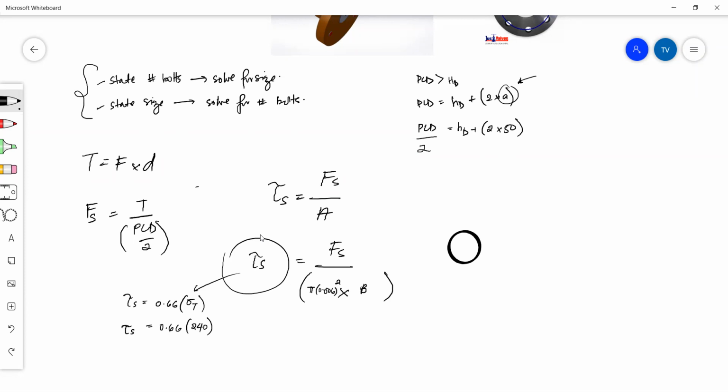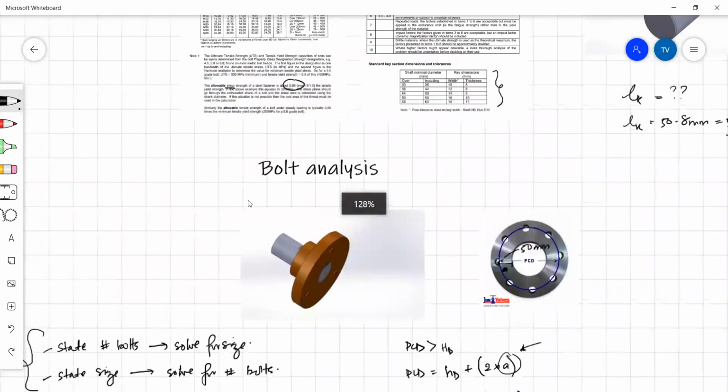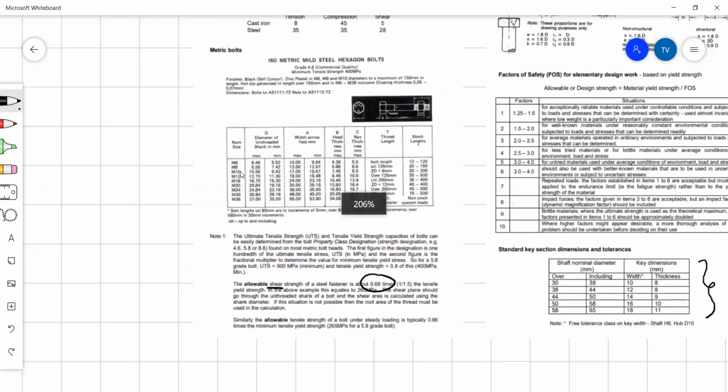So let's say that we are doing it the other way and we're solving for the radius and we want to use 4 bolts. We plug all our values into the equation and we solve for R, and our R comes to about 5.5 millimeters. Let's just say, for example, which will mean our diameter is equal to 11 millimeters. And now using this information, we can go back to our data table for the sizes of bolts and look for M11.